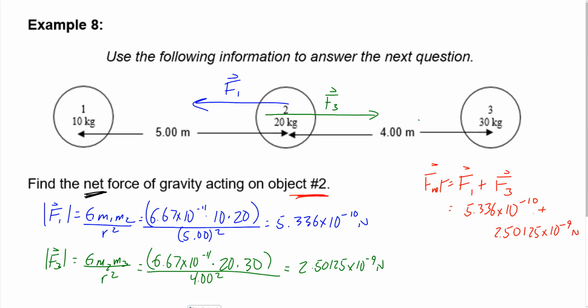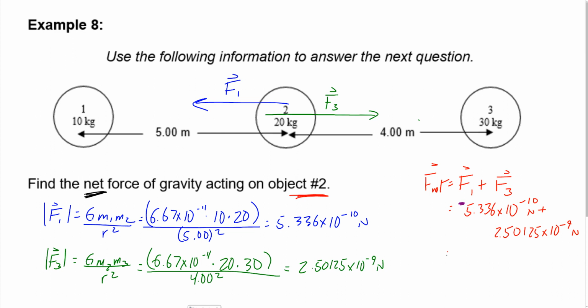What are we missing here? Well, we have a free body diagram that shows that object number 1 pulls on object number 2 to the left. So I'm going to make this force here, the force of number 1 on number 2, a negative value. We're going to keep the force of 3 on 2 a positive value because it's acting to the right.